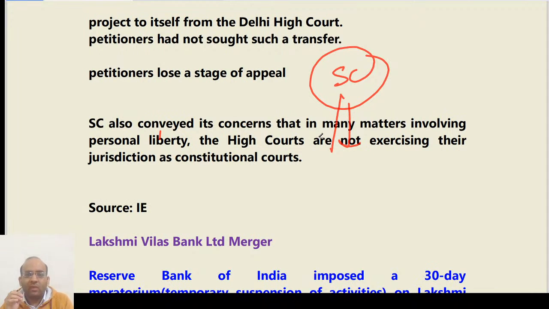Only in extreme cases, where it feels that if they do not take such contempt action that would truly scandalize the court, then only they should intervene.